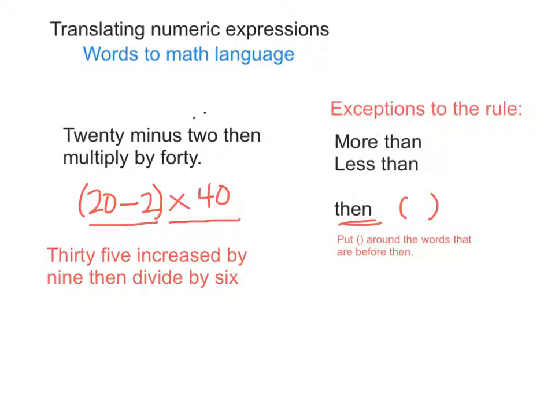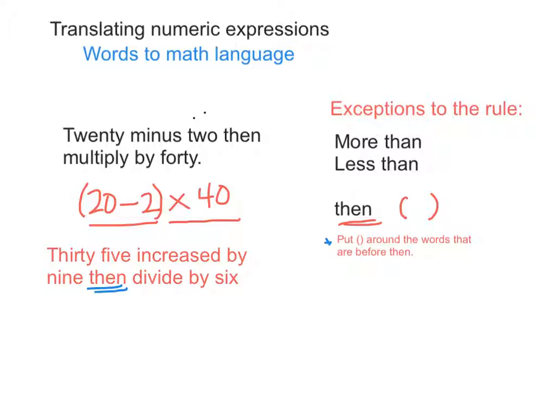All right, here's another example. It's in red. 35 increase by 9, then divide by 6. So again, I'm looking for my first words, which were the answer words. If they're not present, then I'm going to look for some exceptions to the rule, and I do see one. There's the then. So I put over here a little hint right there.